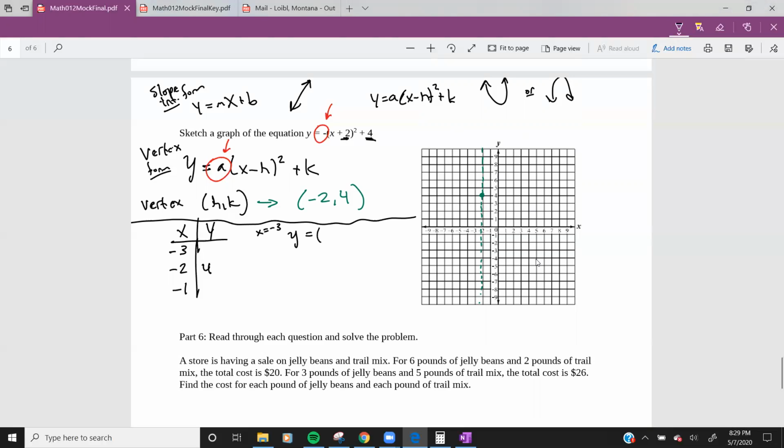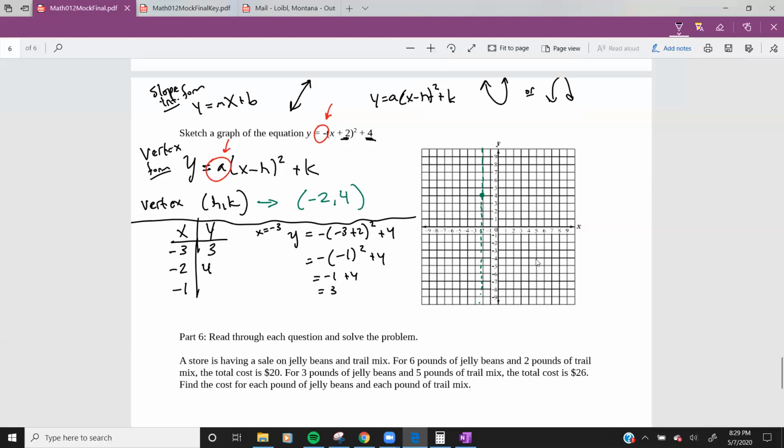Plugging it in here, (-3 + 2) squared plus 4. Evaluating this, it is (-1) squared plus 4, which is 1 plus 4. We get 5.